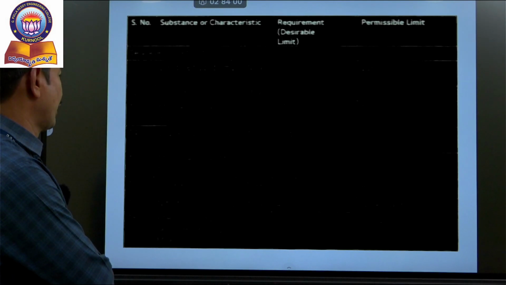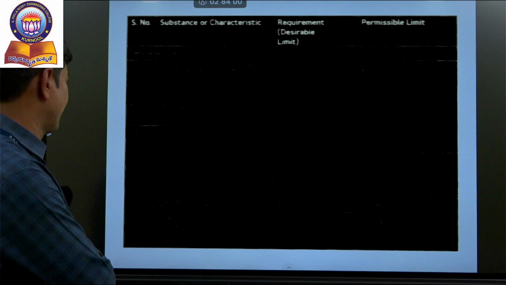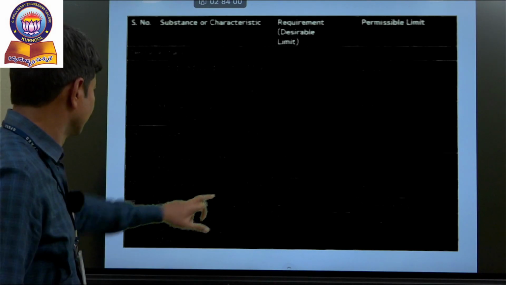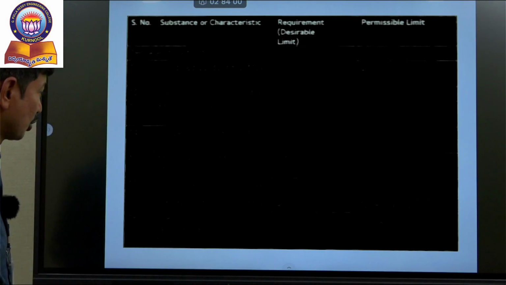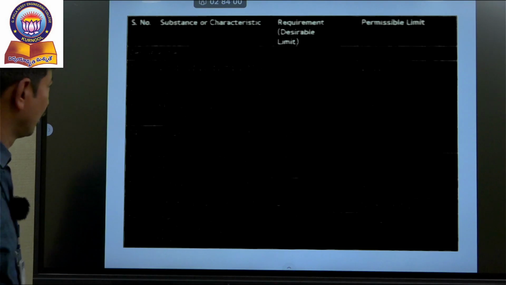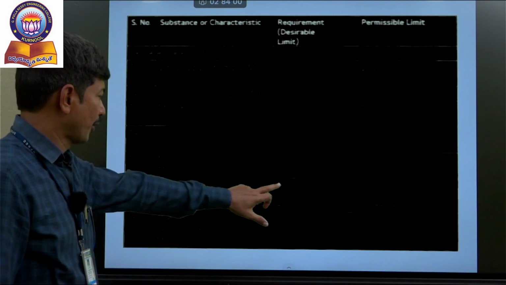Manganese 0.10 desirable, permissible 0.3. Sulfate 200 and permissible limit 400. Nitrate 45, no relaxation. There are some heavy metals: 0.001 is desirable, allowed 0.002, like mercury 0.001 and cadmium 0.001.